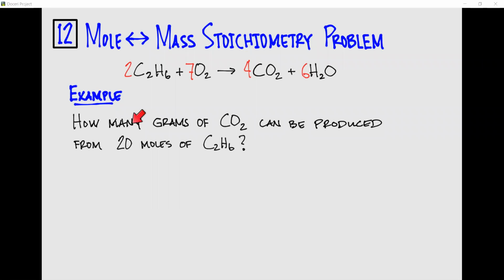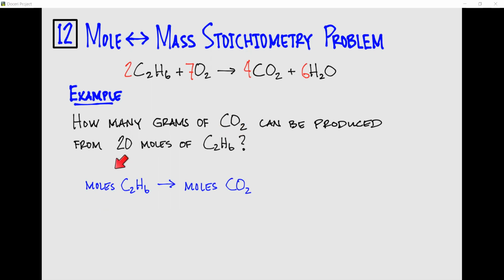So again, you're going to look at the mole ratio between the two compounds here in question. We have C2H6 and carbon dioxide, so it's 2 to 4. And we're going to write down what's given here, so that this is our starting point. 20 moles of C2H6. So here's the approach.